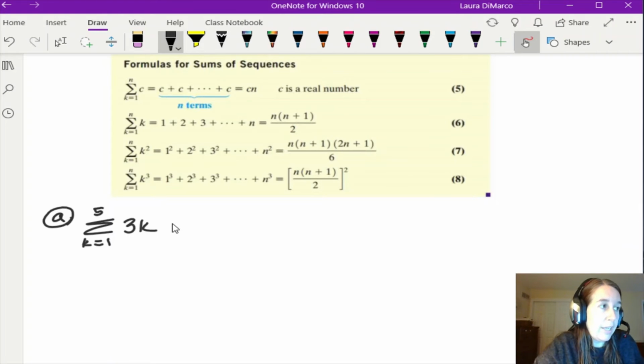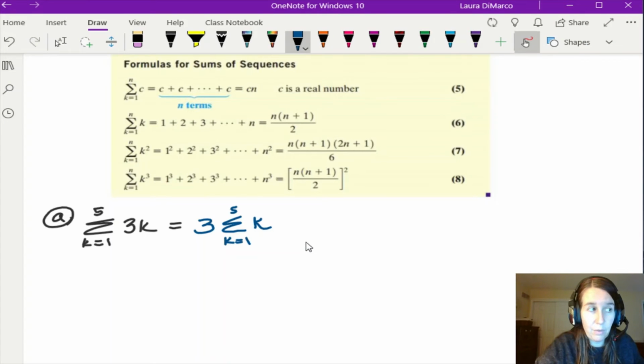So we can use the property first to say, well, the 3, that's that c, that real number, and that would be the same as 3 times the sum of k equals 1 to 5 of k, right? And so now we know whatever sum this is, we're just going to multiply it by 3 at the end. Okay, so let's do that.